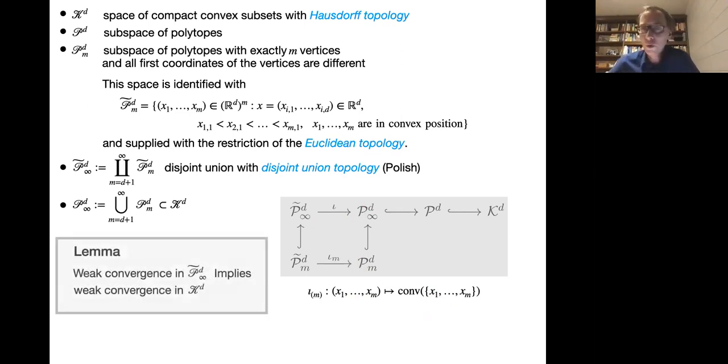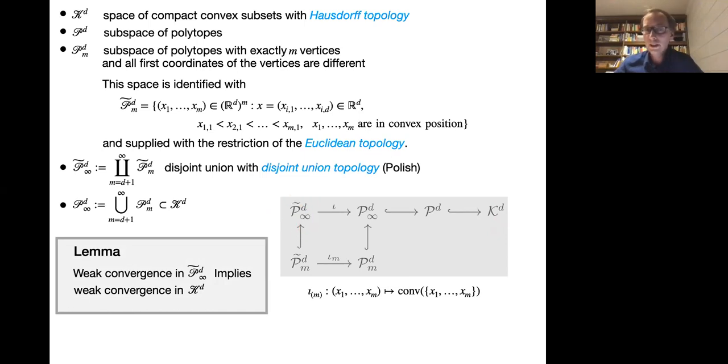And the key is the following lemma, the following observation. If you want to prove weak convergence of random polytopes in the space of convex bodies, it is sufficient to prove weak convergence in this space here, namely this disjoint union of these Euclidean spaces.